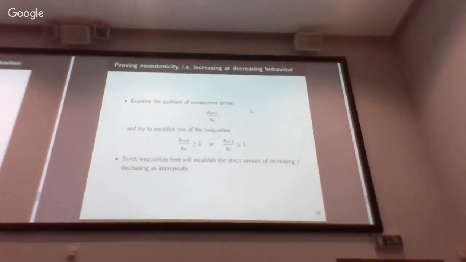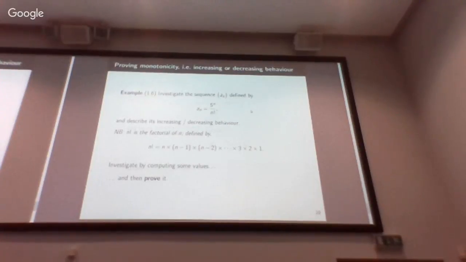Okay, then let's have a look at a little example. There's an example in the notes, and I've got a couple of extra examples here on the slide. Our first example is this sequence a_n, defined as the ratio 5 to the power n divided by n factorial. Remember, n exclamation mark is read as n factorial.